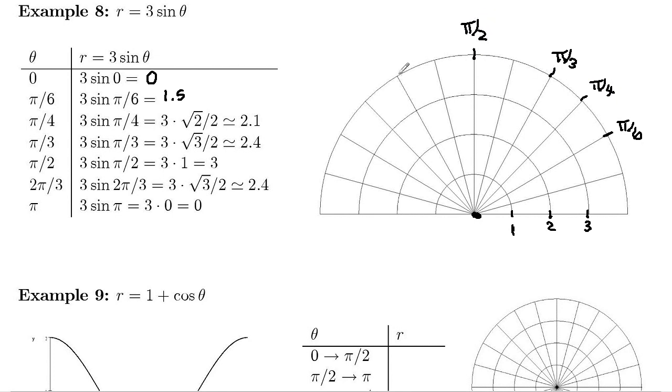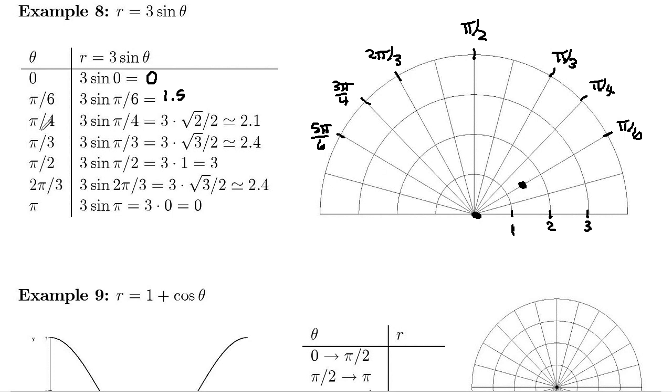2 pi over 3 would be right here. Across from pi over 4, 3 pi over 4 is here, and across from pi over 6, 5 pi over 6 is here. So the radius is 1.5, and you go up to an angle of pi over 6, right there.